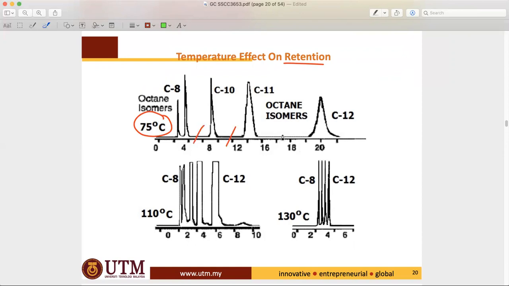If it is 110, the chromatogram is not that good because you would see saturation here. When you apply 130 Celsius, the separation is also not that good because the peaks are too near to each other. So sometimes we can say the resolution is not that good. You can use temperature programming to separate these peaks.